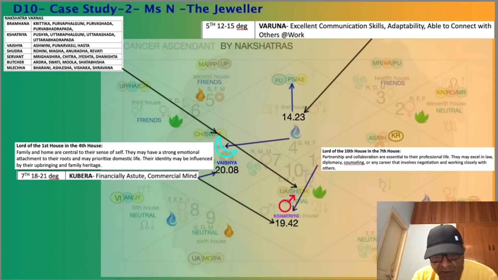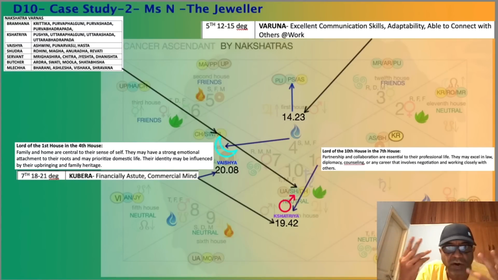Now the Lord of the ascendant, Moon, Cancer ascendant in D10 is once again in the 4th house. So we had D1 ascendant Lord also in the 4th house, D10 also in the 4th house. So right off the bat you got to understand there is a prominence of a home-based business, entrepreneurship, doing things with home, homeland, earth. Taurus is an earth sign. Just jogging my mind here.